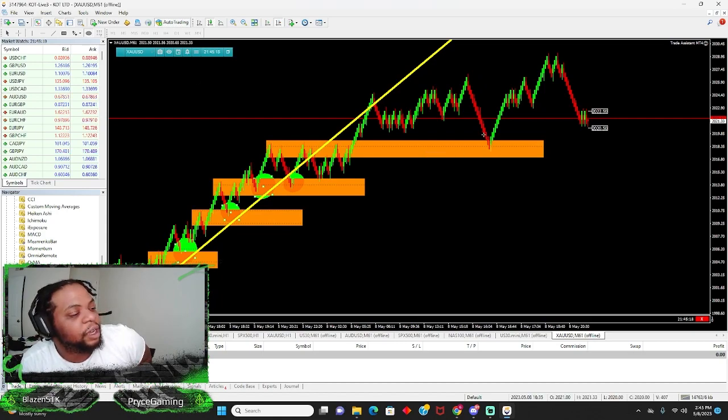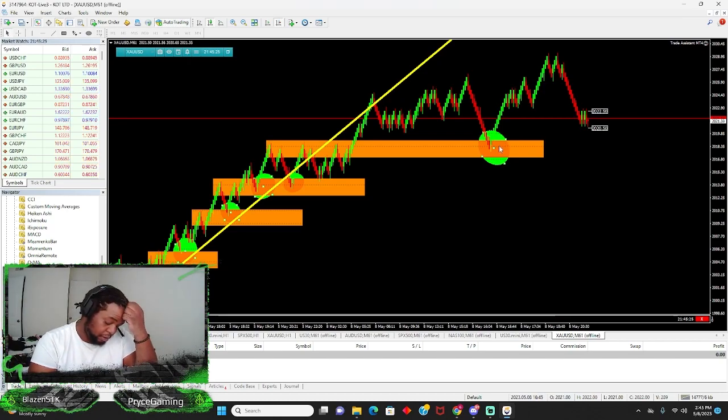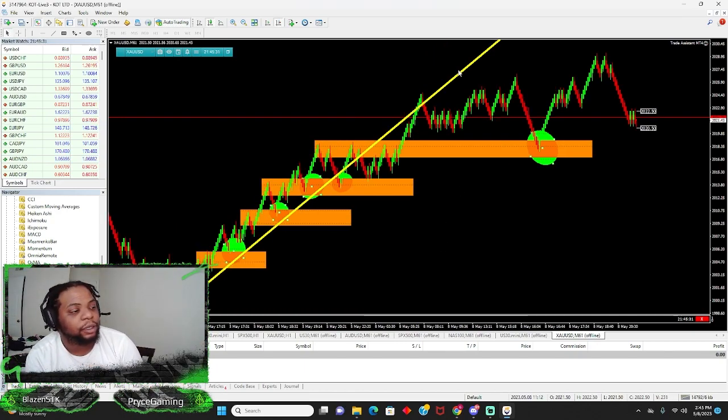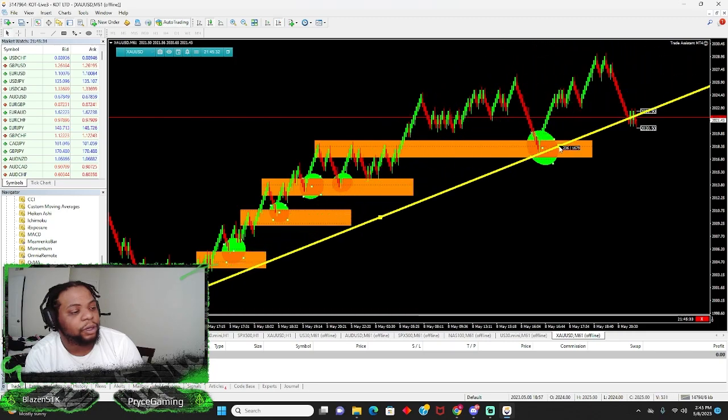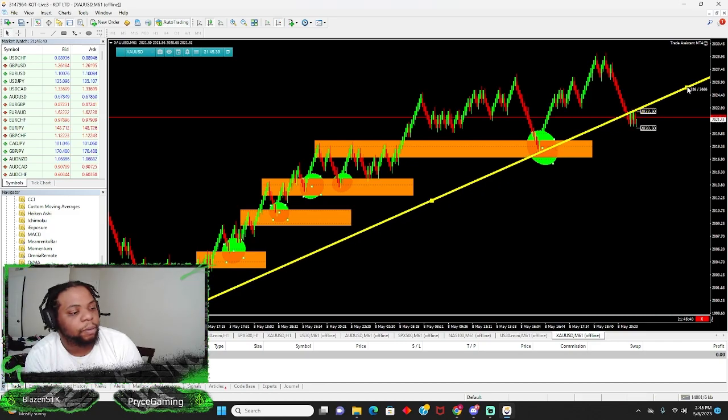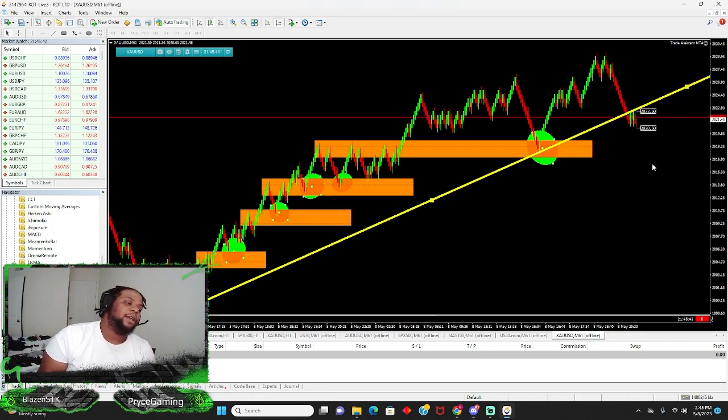And then you would have gotten into a trade here. That's how you would trade the trend. Let's draw the whole thing up. That is how you would trade the current uptrend.